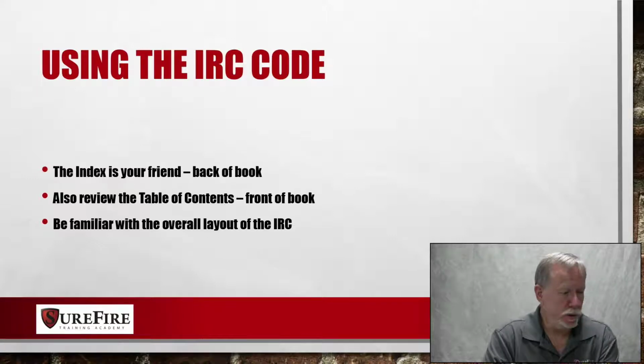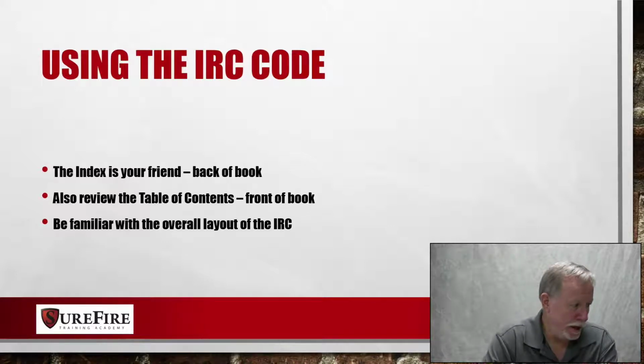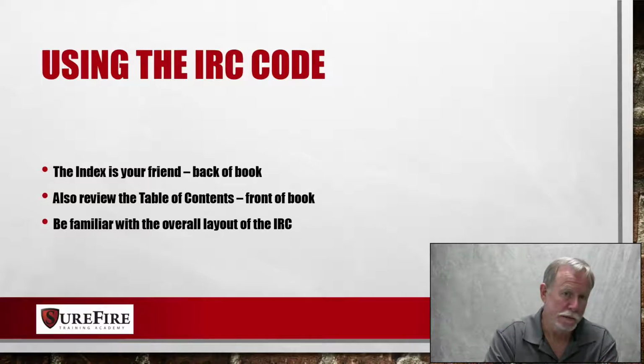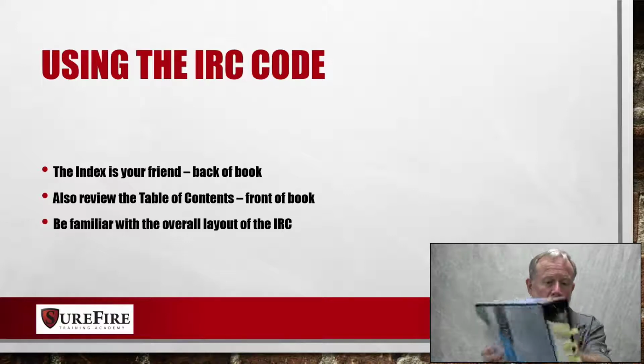So now let's look at using the code a bit. Particularly if you're going to take the CSIA exam, how to get around in the code. In the back of the book, there is an index. The index is a fairly detailed listing of all of the subjects in the book. The index is your friend, particularly if you're going to be taking your exam with the paper copy.